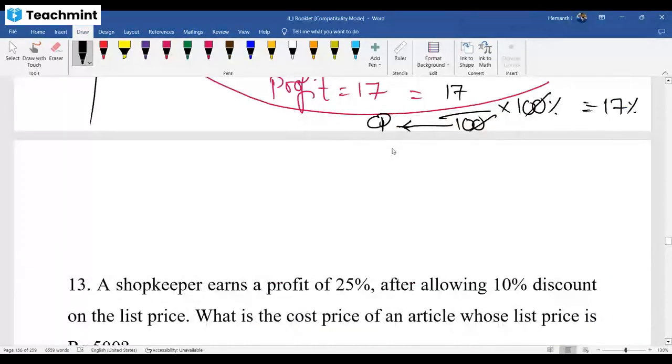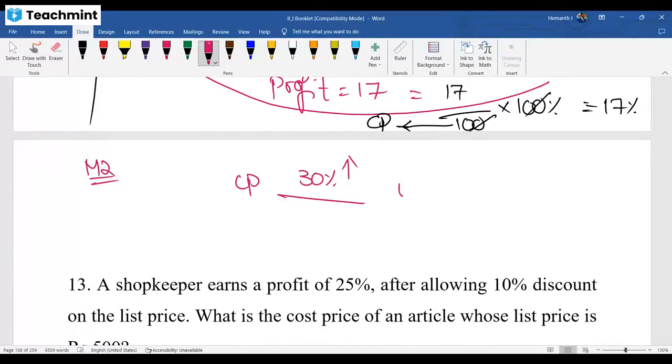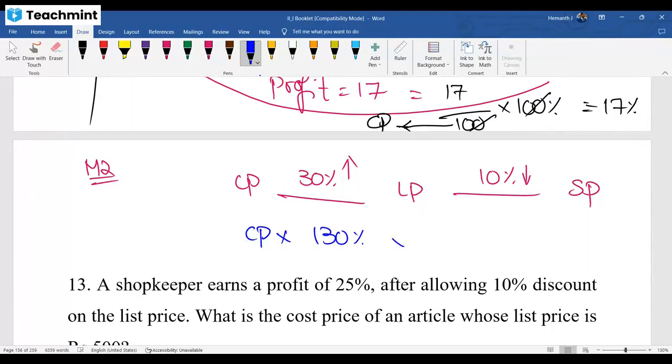See this next question. Same question, another method. Wait. So cost price increased by 30%, then decreased by 10%, then they sell the product, right? See, 30% increase means I can write 130%. 10% decrease means 90%.